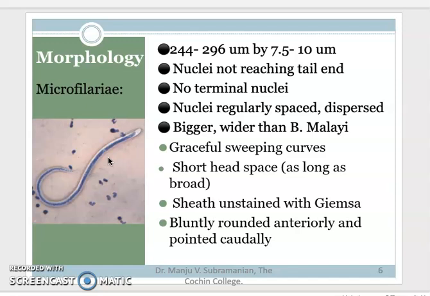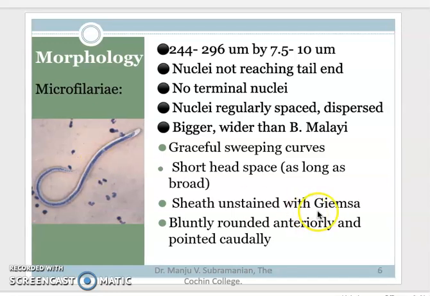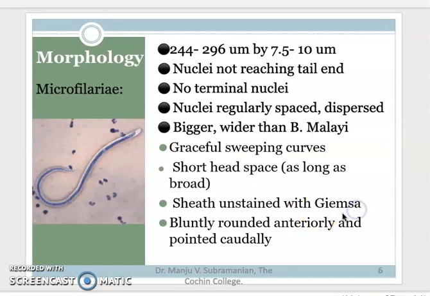They can live up to 12 months in the human body if not ingested by mosquitoes, and they occur in large numbers in the circulatory blood, and typically they are night swarming and exhibit nocturnal periodicity. In this picture you can see a little color, and it is due to staining. Here it is stained by Giemsa stain, and for that reason it has a little color, otherwise it is transparent.